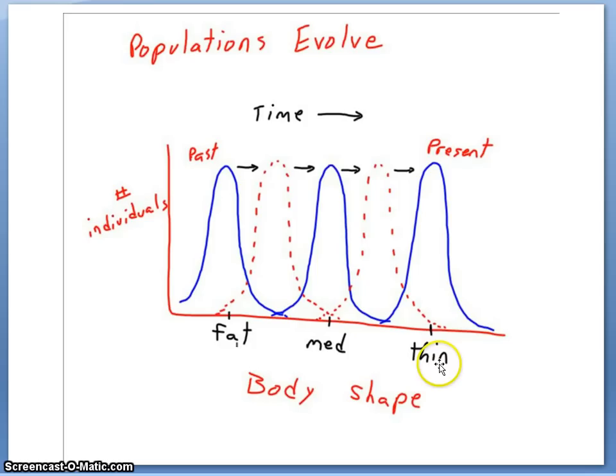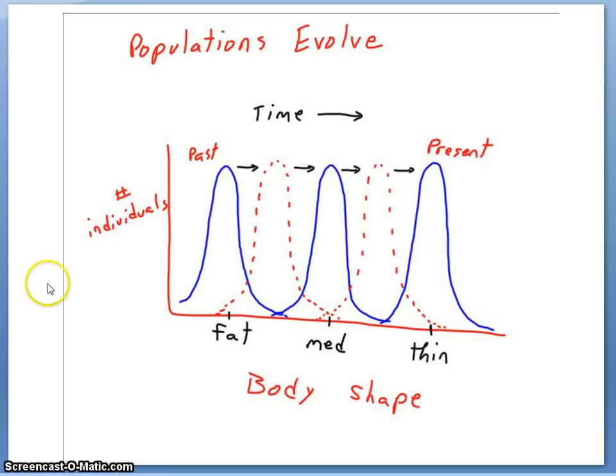So whereas in past generations, the average body type was fat, over time, the average body type is getting medium and then on towards thin. And so this is the process of natural selection, that the population of insects is evolving. The thin body shape is evolving in this population.